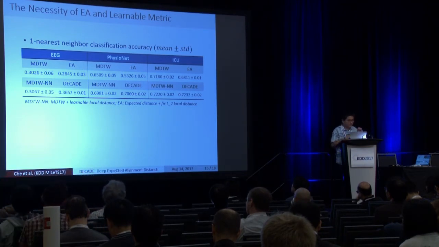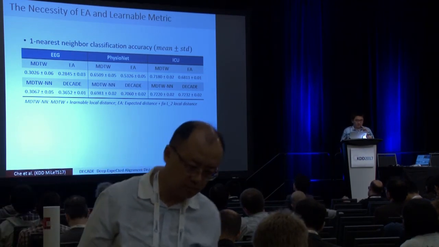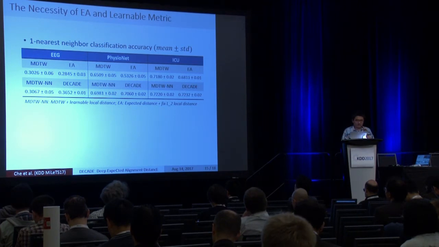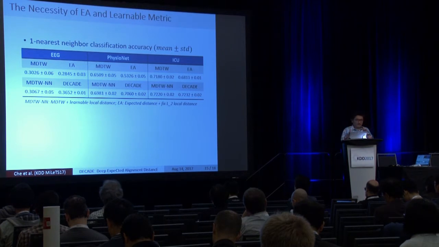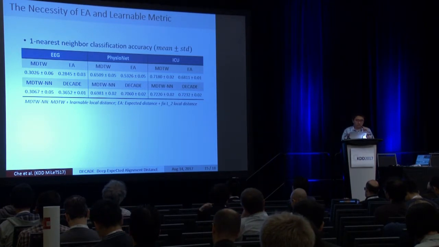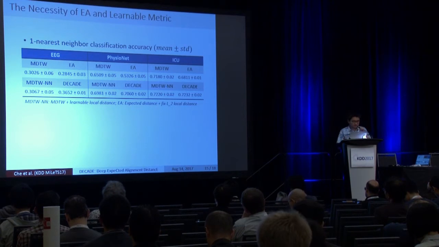So here's the nearest neighbor classification accuracy of the dynamic time warping, the DECADE, and the 2 variations of them. So the MDTWNN is the dynamic time warping plus the learnable local distance, and trained by alternatively optimizing the alignment and the local distance. And EA is the expected alignment with a fixed local distance.